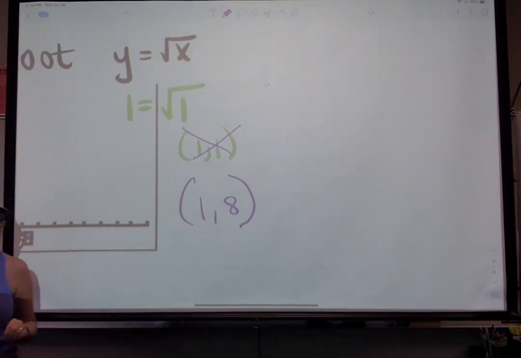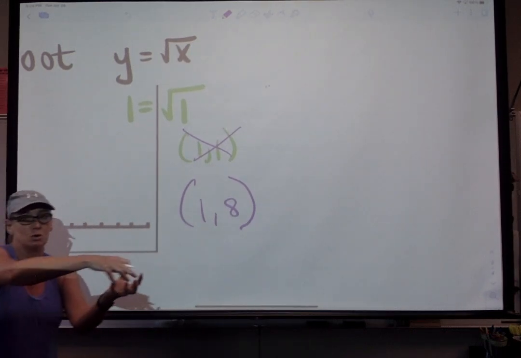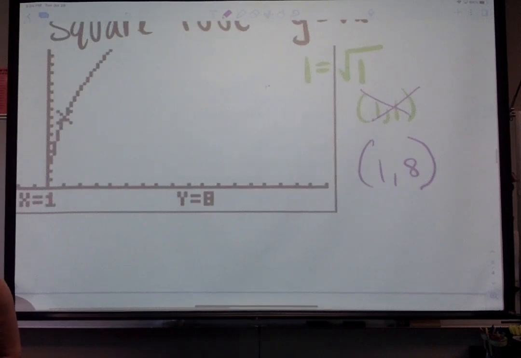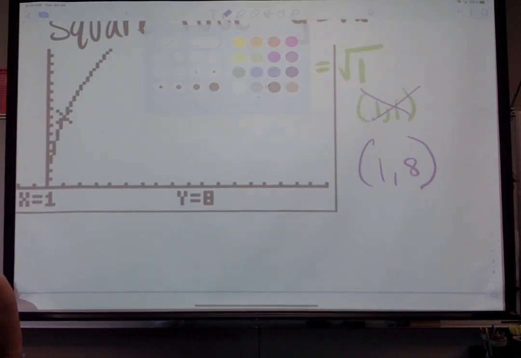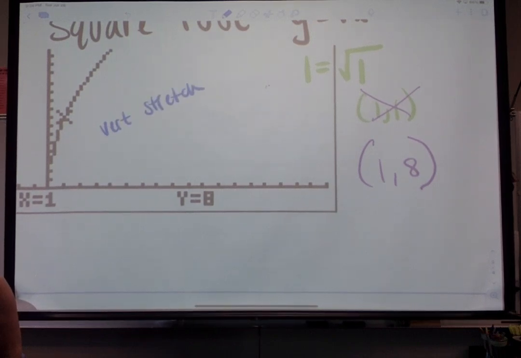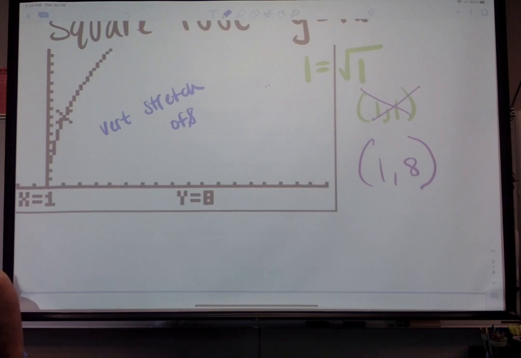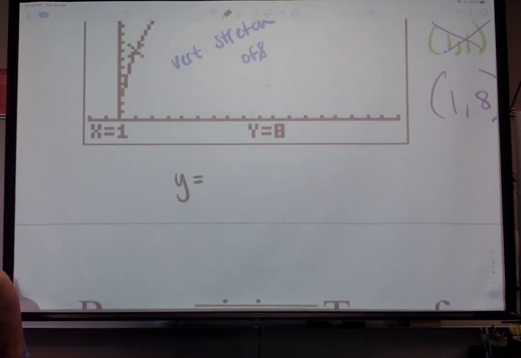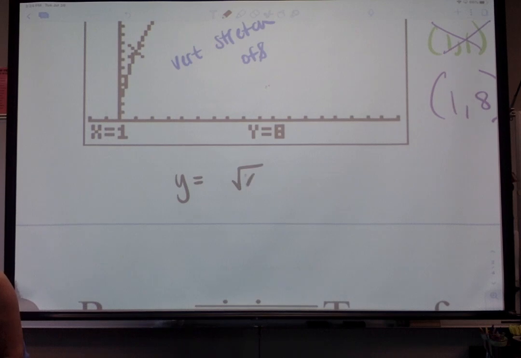Multiply the y by 8. Do a vertical stretch of 8. That's what's taking place here. A vertical stretch of 8. And here's what that looks like when I write the equation.